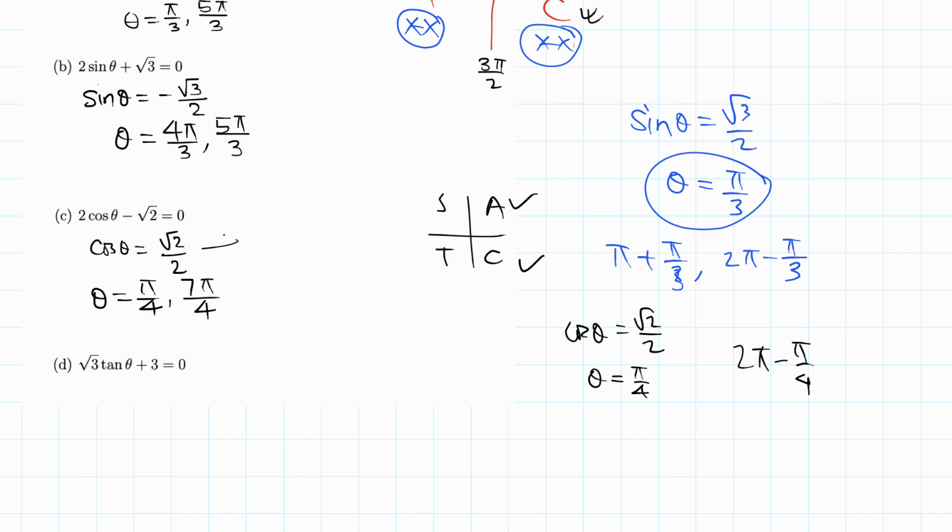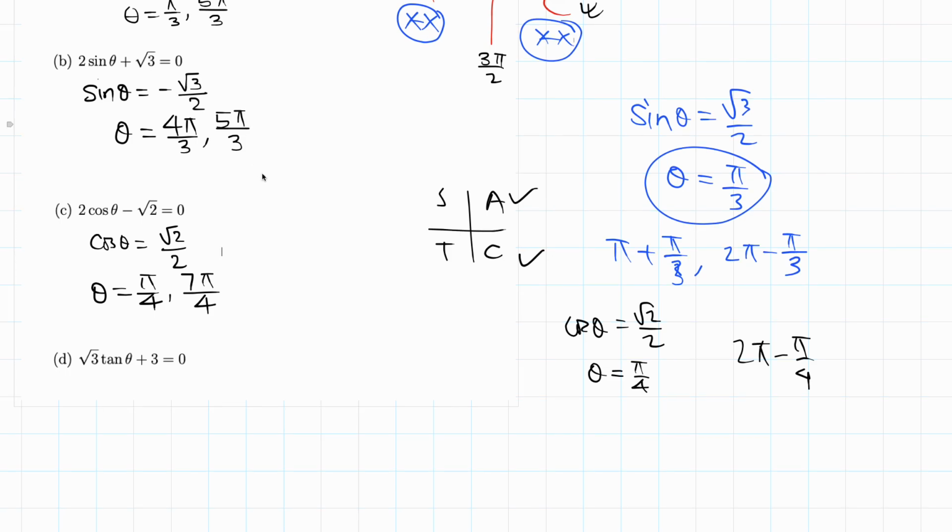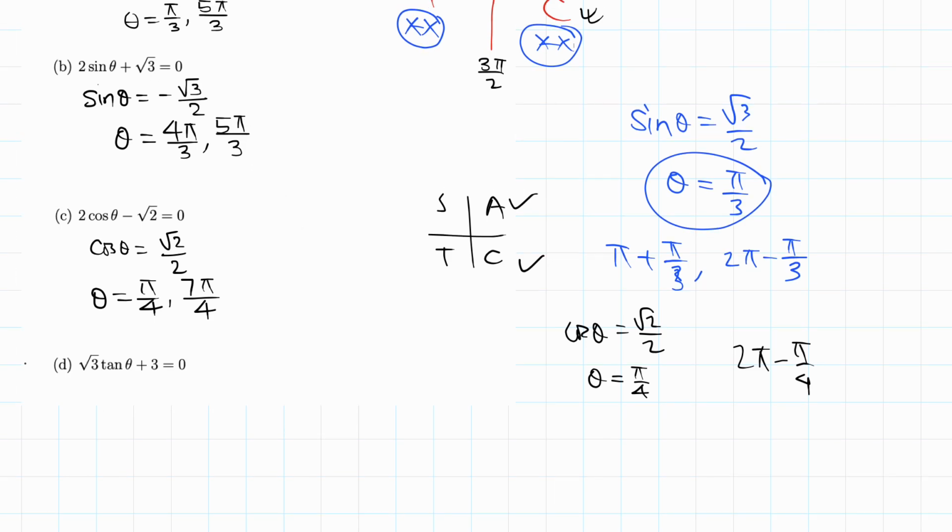Or from here, go to the unit circle and see where the x coordinate is root 2 over 2. And the last one, tangent. Subtract 3 from both sides and divide by root 3, so that tangent theta is isolated.